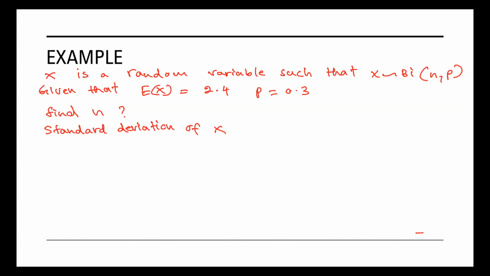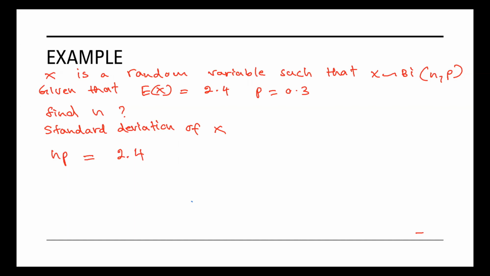Now let's look at another question. If X is a random variable such that X is binomially distributed with n and p as the parameters, and they have given E(X) equal to 2.4 and the probability of success equals 0.3. So we have to find n and the standard deviation of X. Since E(X) is given as 2.4, we can say np is equal to 2.4.